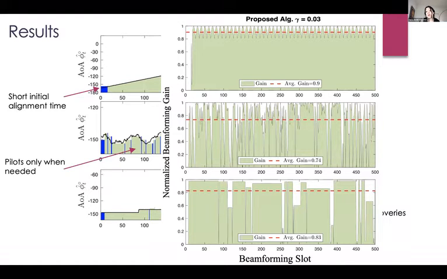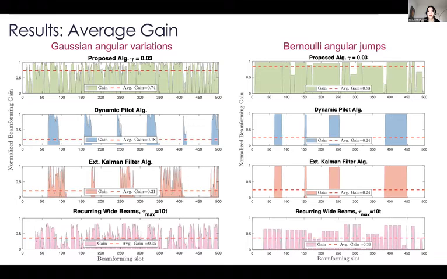I can get fairly high beamforming gain. And just summarizing what I had been showing you: while other methods under stochastic mobility end up losing the communication a lot, this method allows you to remain aligned and uses this extra degree of freedom more actively.